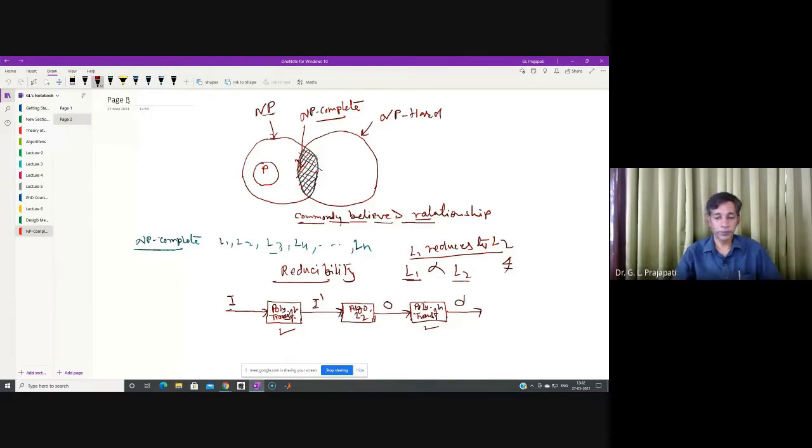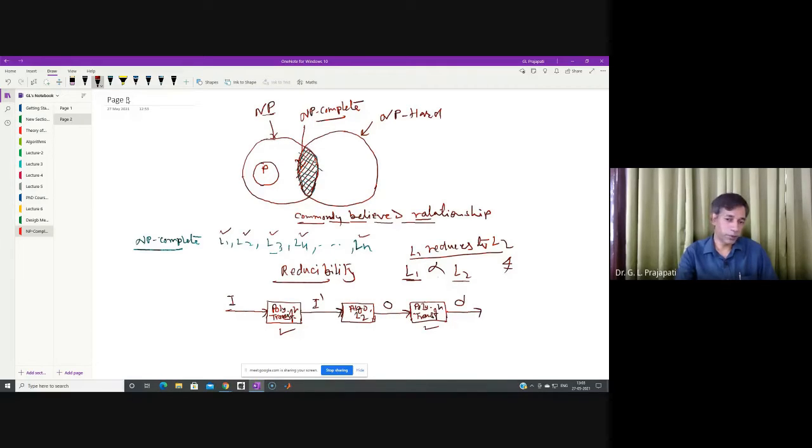And what people have found is that the problems in the NP complete group have the characteristic that if you can solve one, then you can solve all. Say these are the NP complete problems.